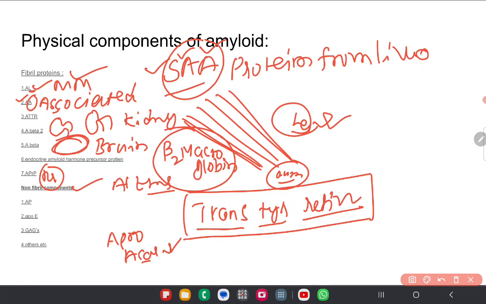The non-fibrillar part is less important, like glycosaminoglycans, apoprotein E, which is used as an HDL transporter, as well as the P component of the protein, and others. Everyone should have total clarity about the fibrillar part rather than the non-fibrillar part.